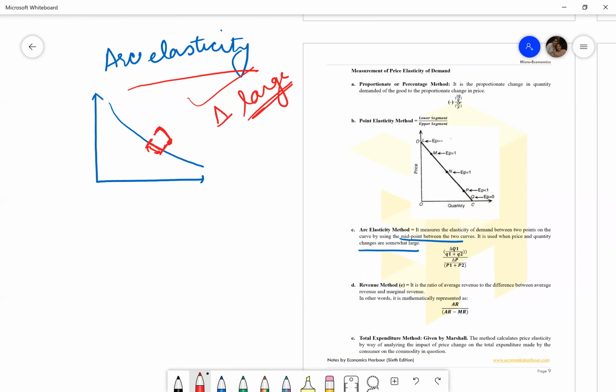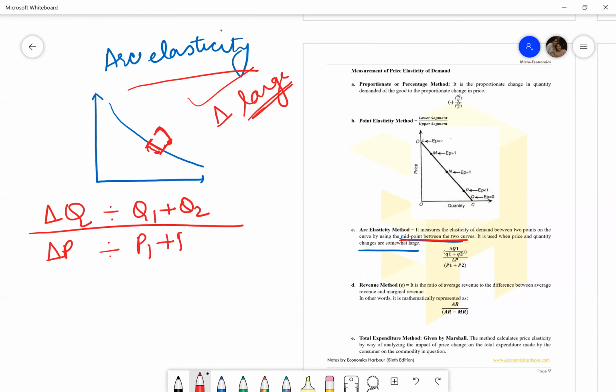And the formula, also termed the midpoint formula, is the change in quantity divided by Q1 plus Q2, upon change in price divided by P1 plus P2. This will be your price elasticity.